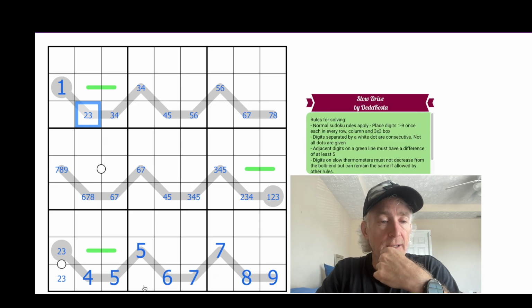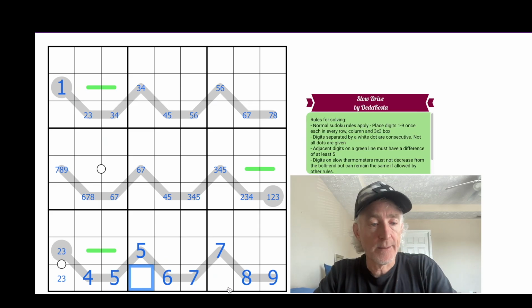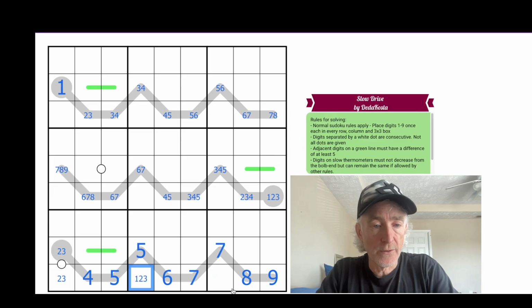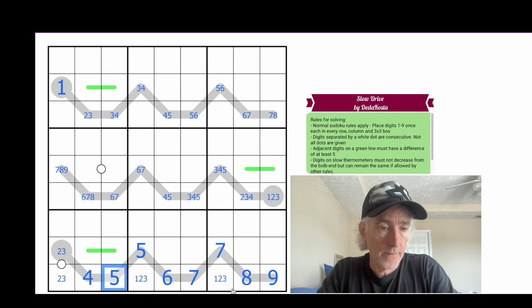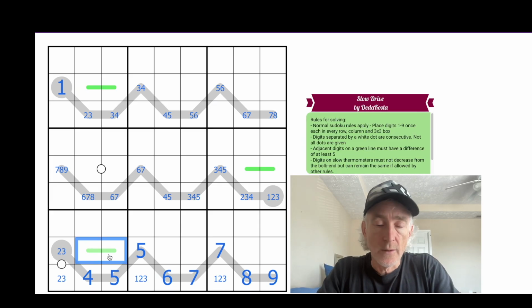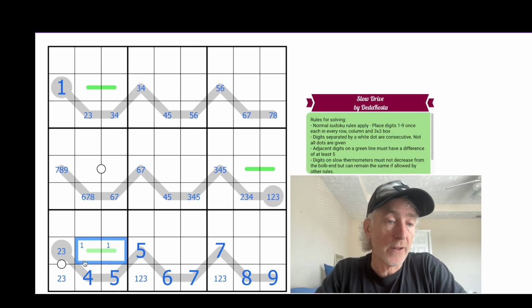So a couple things. I am going to fill in the rest of this bottom row. So this is just 1 2 3. I'm going to fill this box in as well. So 1 is going to be in here somewhere. So we got 2 3 4. The other low digit has to be on this green line, and that's going to be the 1.